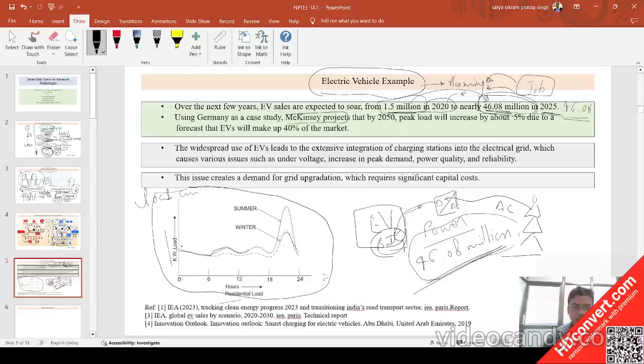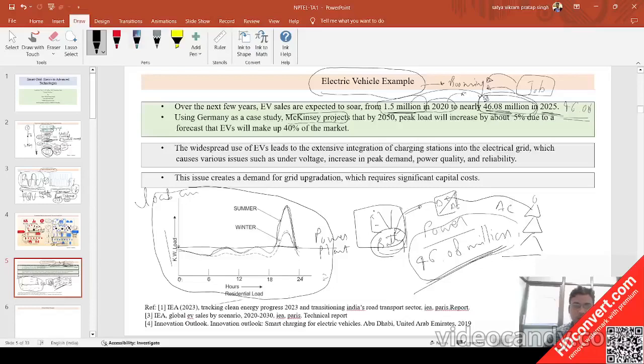It means there is a certain capacity of your power plant, and during a certain time duration your power capacity should be high to meet these consumers.